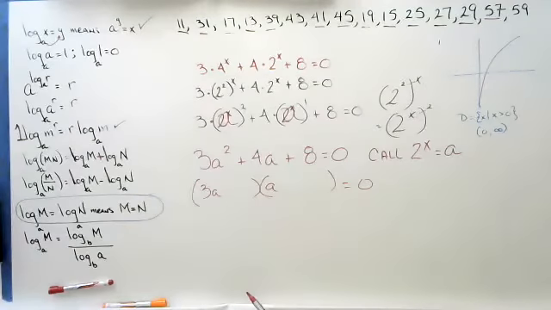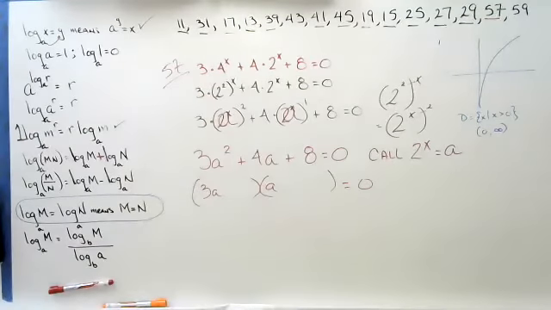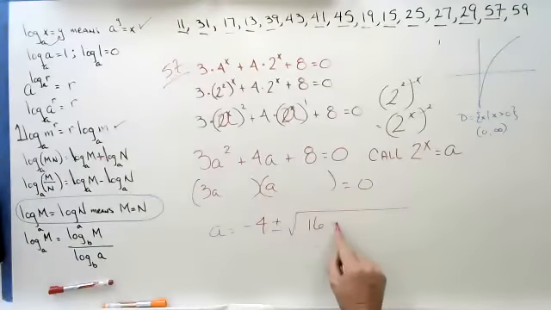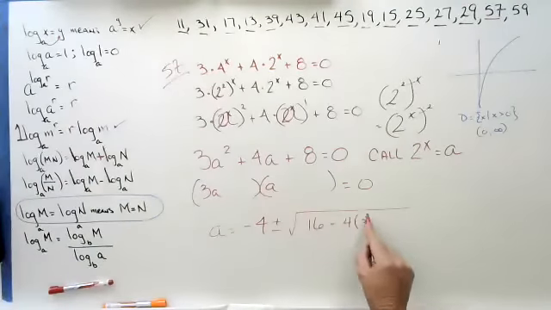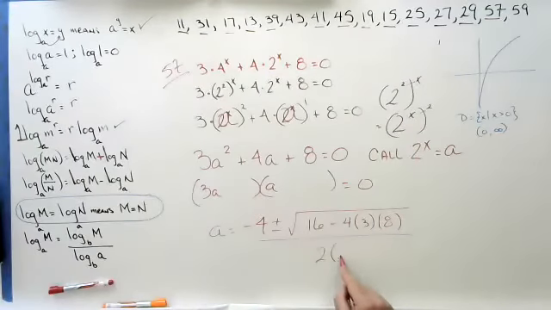Okay, this doesn't factor. Michael was really mean on problem 57. You have to use a quadratic formula to solve that. Right? And when you do, look what happens. B squared is 16 minus 4 times A times C all over 2A.